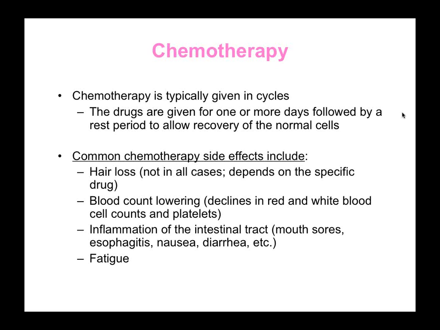This is a very fragile lining, and so this can be inflamed with chemotherapy and can cause problems like mouth sores, irritation of the esophagus, and heartburn symptoms, nausea, diarrhea, etc. Often, because of the blood count lowering effects, many patients on chemotherapy will report and develop symptoms of fatigue. So this is not an exhaustive list, but these are, again, some of the more common side effects of chemotherapy.